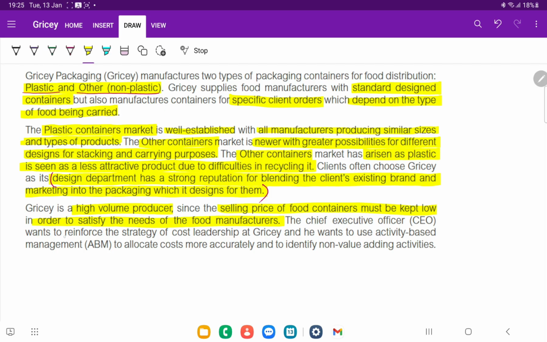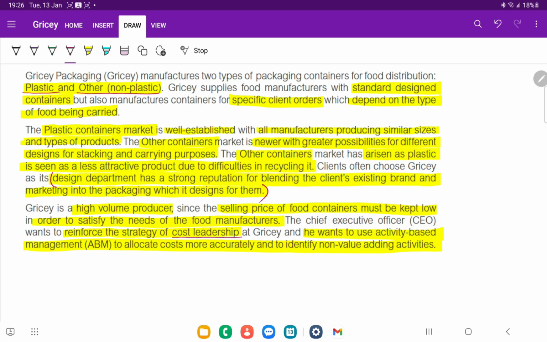The CEO wants to reinforce a strategy of cost leadership. Cost leadership means that the company is producing the output at the lowest cost, or we are the cost leader, which means we are producing products which are lowest in terms of cost. At Griecy, he wants to use activity based management to allocate cost more accurately and to identify non-value added activity.